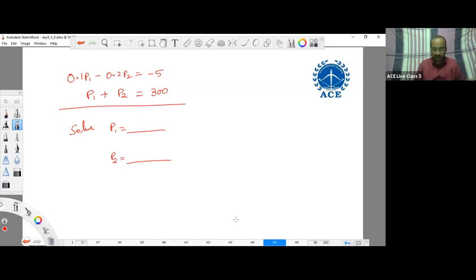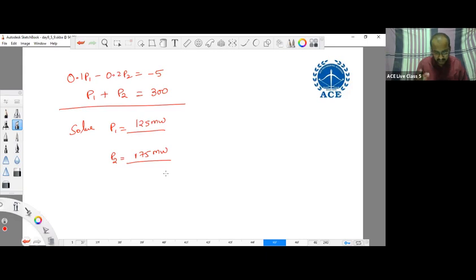What is the value of P1 and P2? P1 is 125 megawatt and P2 is 175 megawatt.